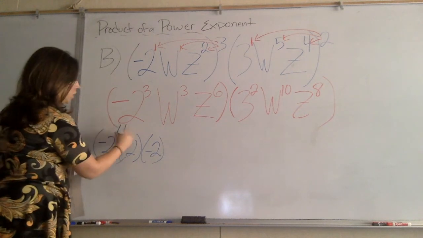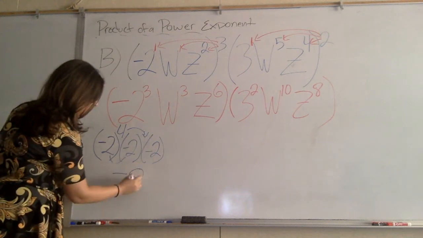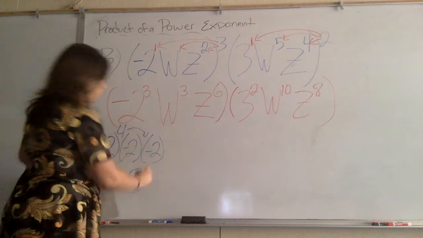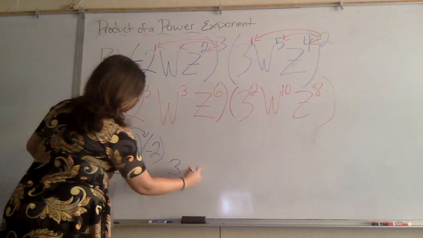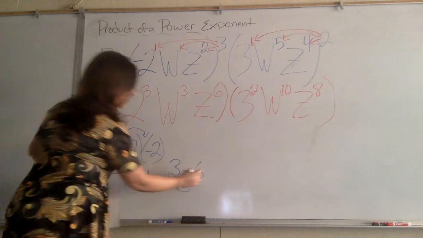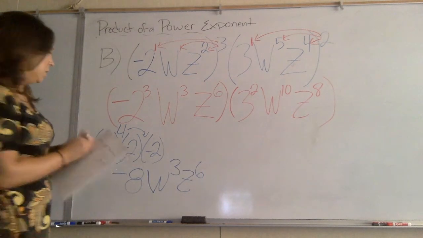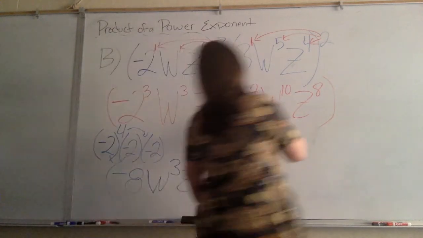So this is 4 times that negative 2 gives me a negative 8. Can you see that? Yeah. And then everything else stays down. W to the third and Z to the 6th. Then I do this side.